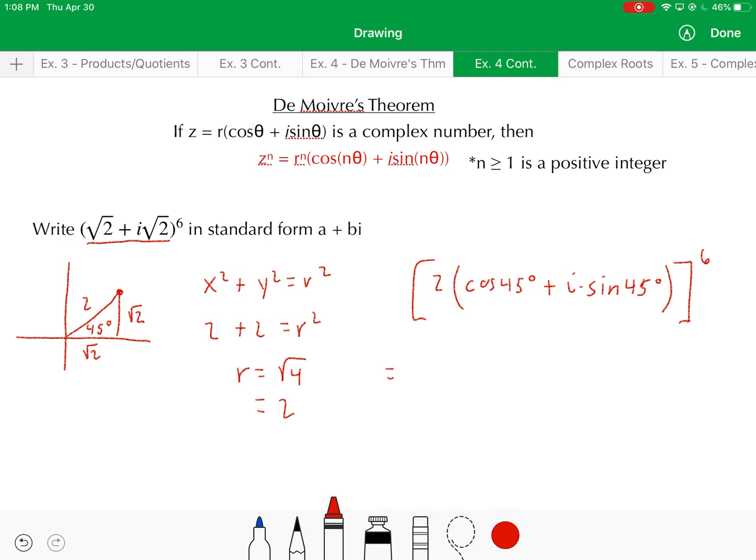So applying de Moivre's theorem, I'll take the modulus of 2, raise that to the 6th power, and I will take my angle measure of 45 degrees, and I will multiply that by 6. Okay, so 2 to the 6th power is 64. And then 45 times 6 is 270.